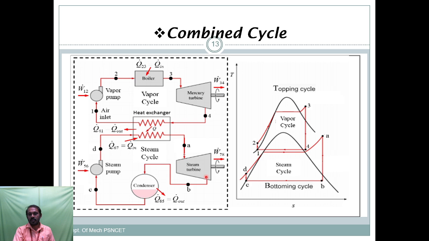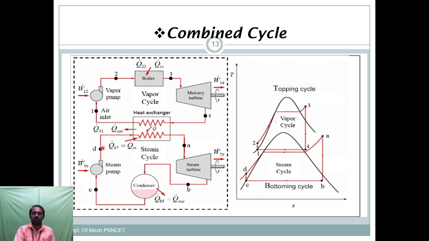The turbine releases low pressure, low temperature, low entropy steam. This goes to the condenser. The condenser converts vapor to liquid. The low pressure liquid connects to the pump.